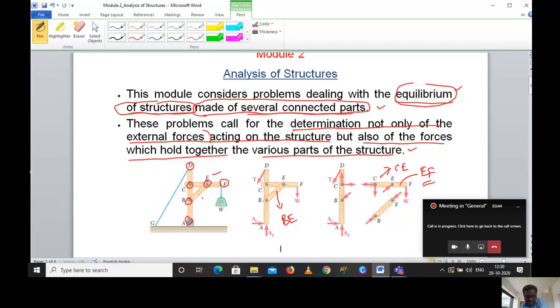As I said in the class, you are going to see each member, what force it is acting with. What is the force in member B, and what is the force in the members CD and CB. So for each part of the structure we are going to calculate the forces.